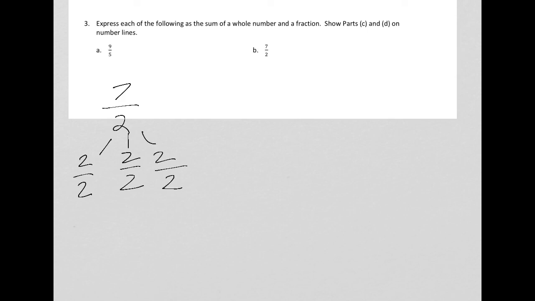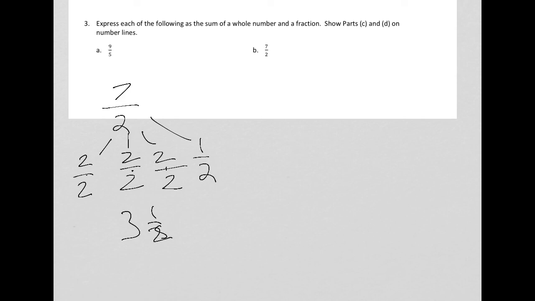If I was doing 7/2, I can take out 2/2, and then I'm left with 5/2. So that means I can take out another 2/2, and even another 2/2, and then I end up with 1/2. So I should get 3, because this is 1, 2, 3, and a half.